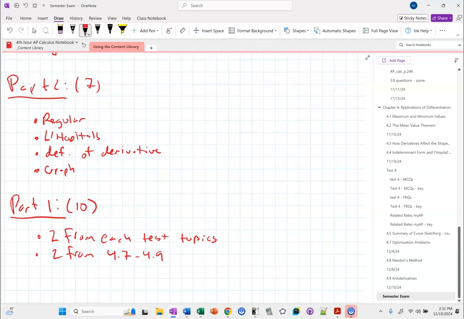From test 4, you should be able to deal with the local extrema, the local mins and maxes, using a derivative, whether I gave you the derivative as a graph or as a function. And from the last 3 sections here, it's basically antiderivative stuff. So no Euler's method on the exam, I'll tell you.